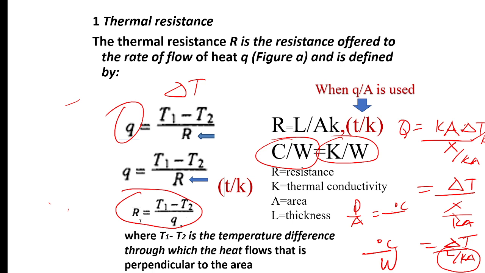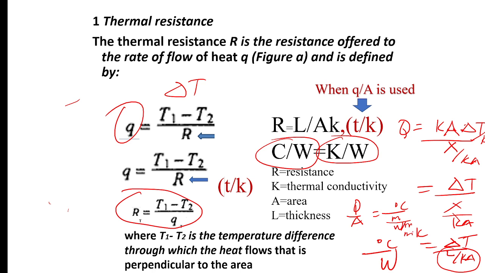So L over K, meter over K, which is watts per meter Kelvin, or watts per meter degree centigrade.